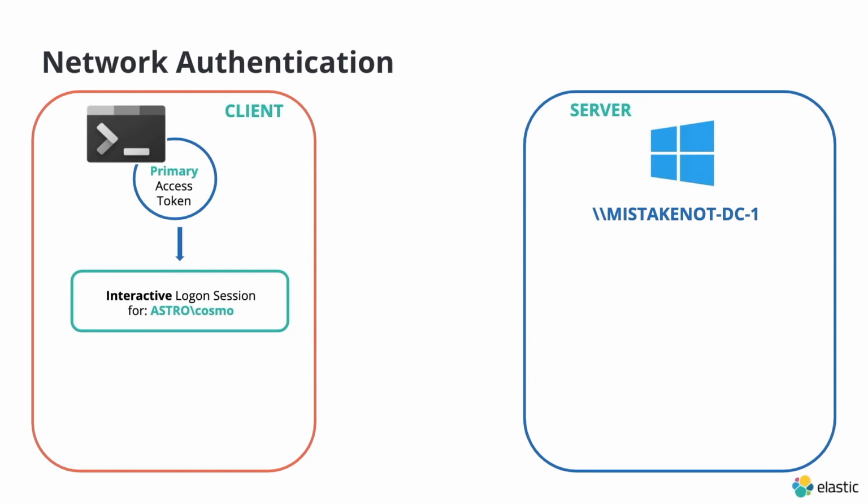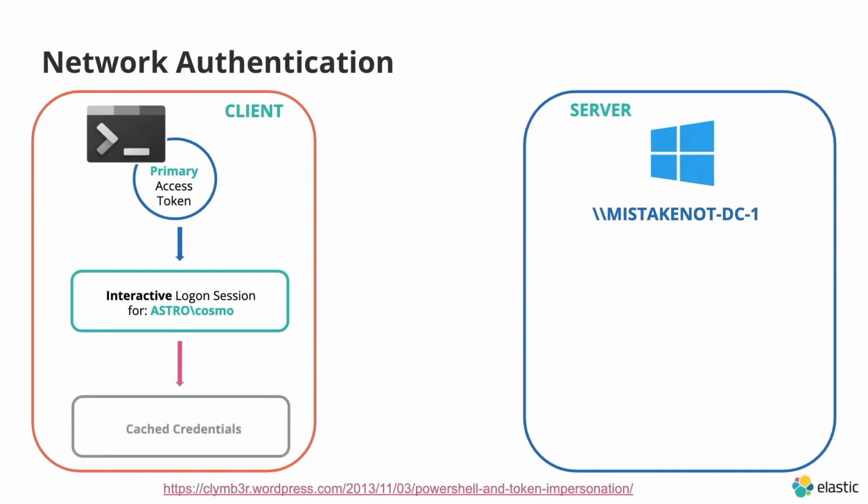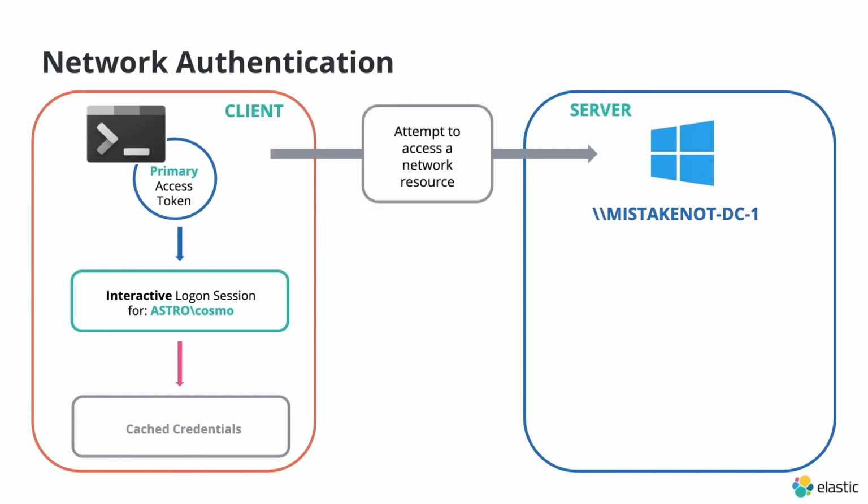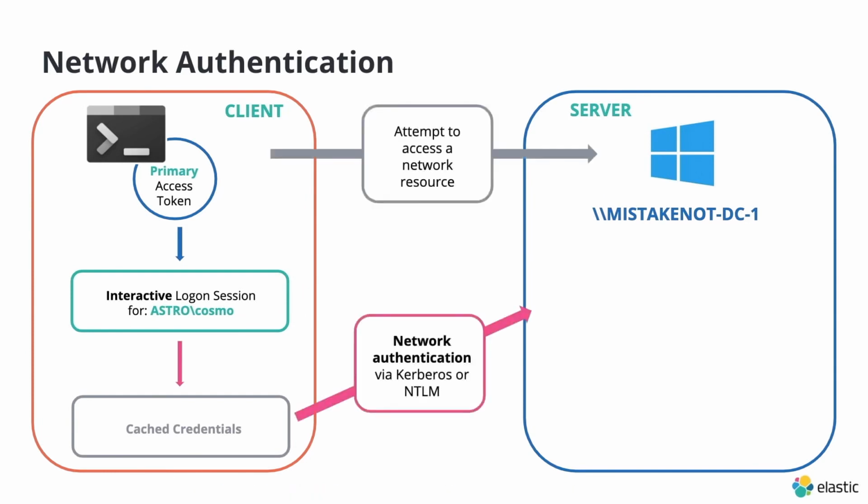Now for interactive logons, and in fact, every type of logon apart from network, Windows will automatically cache your credentials. It doesn't matter if it's a Kerberos ticket or an NTLM hash. When you try and access a resource, Windows will automatically try and authenticate on your behalf. And this is the intended design of Windows single sign-on, and is also the reason for lots of, say, NTLM relay style attacks.